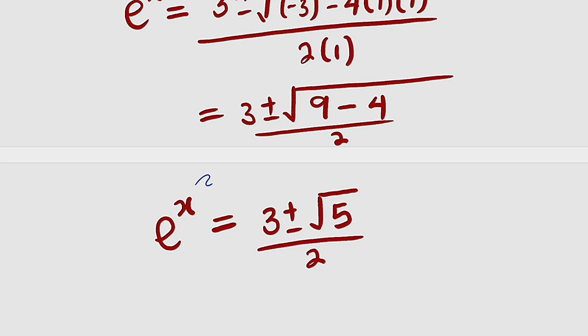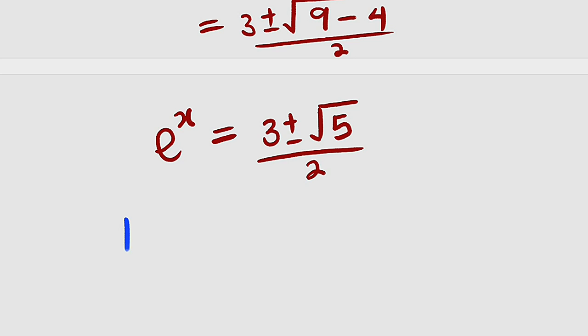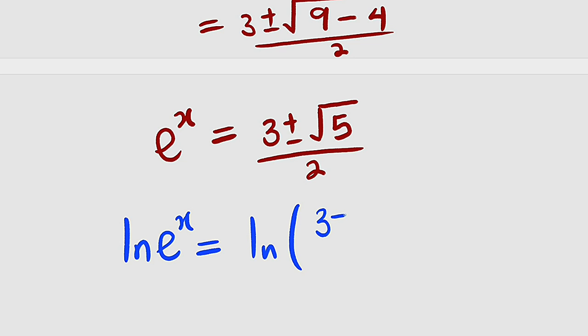But remember that we are looking for x, not e to the x. And therefore, we are going to take natural log of both sides. You take natural log of e to the x equal to the natural log of the whole of this value, 3 plus or minus the square root of 5 divided by 2.